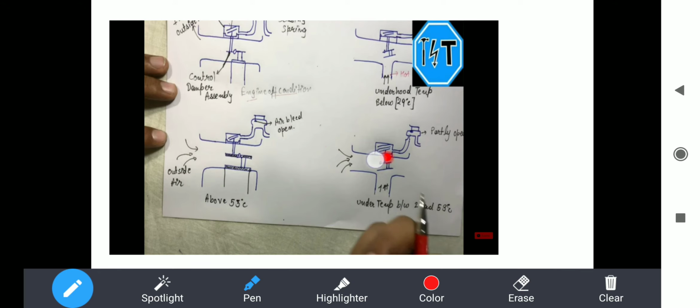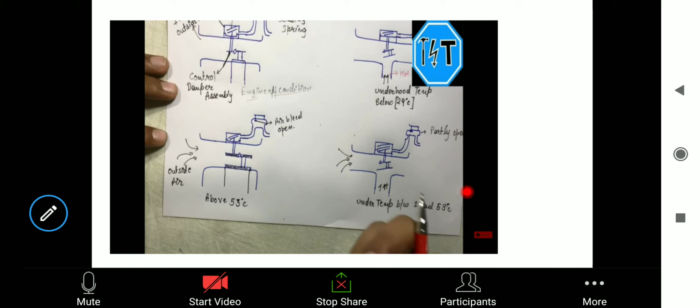Now over here, this partially opening means what? Under the temperature between 29 and 53, when there is a normal temperature, at that moment continuously the hot and the cold gases are being supplied to the engine.